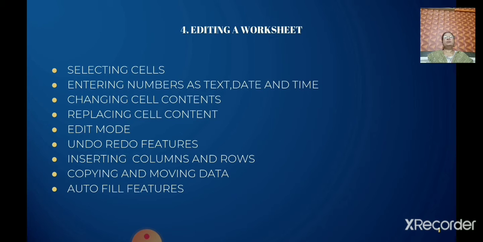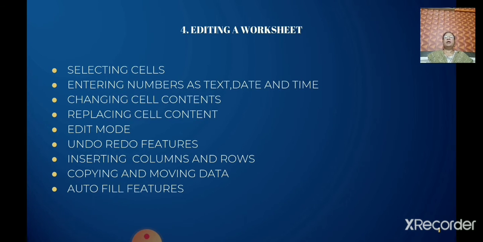To revert the last action, use the Undo button on the quick access toolbar. The Redo command quickly repeats the last action you undid. Both features are in the quick access toolbar, and Control Z is for undo and Control Y for redo.